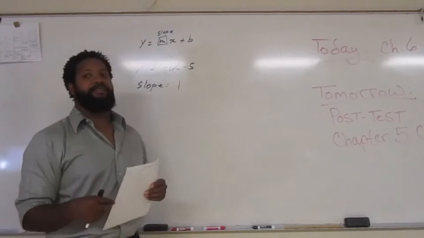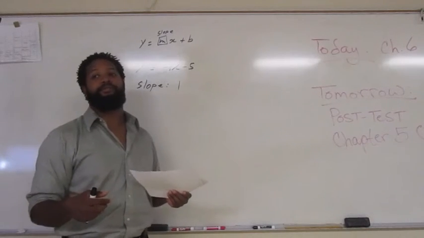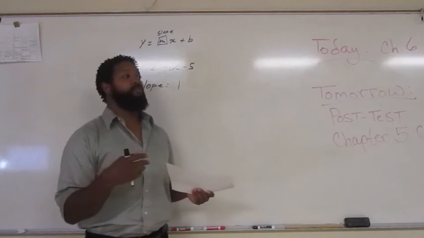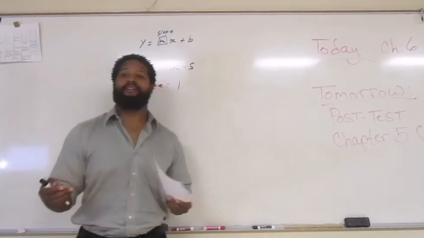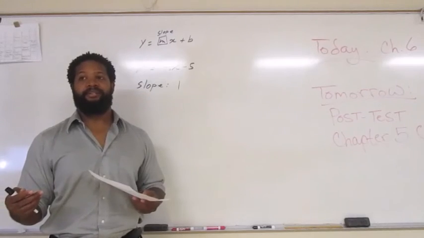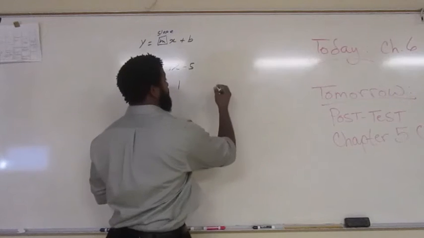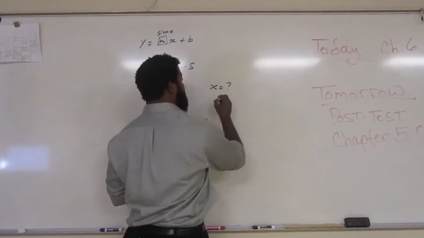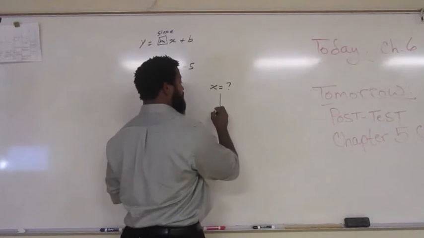Here's the thing. All of y'all are asking the same exact question as to what I showed you yesterday, when it comes to if you have y equal to something or if you have x equal to something. x equal to whatever number is a vertical line, and that is undefined.